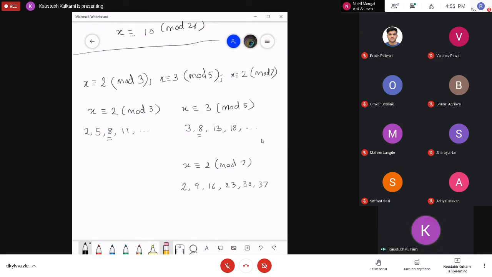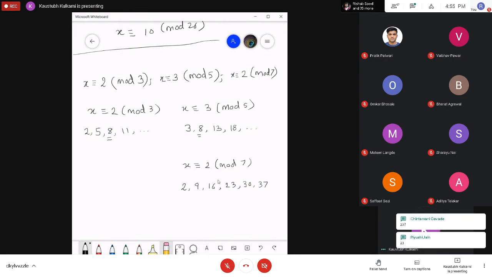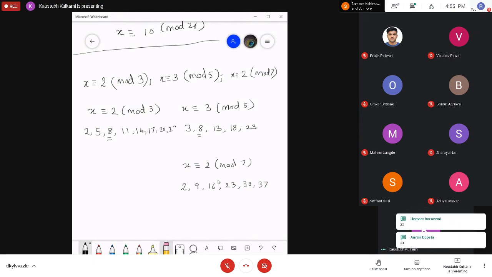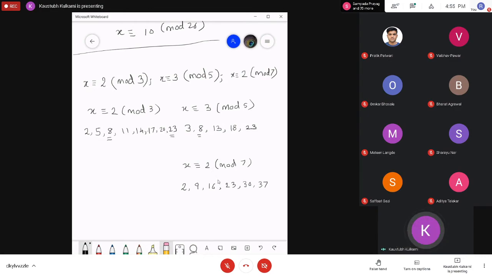Let's add to the other list as well. The next number in the list is 23. In this case, 14, 17, 20, 23. Fine. So by matching the lists, we find that 23 is in all three of the lists. So therefore 23 is x.